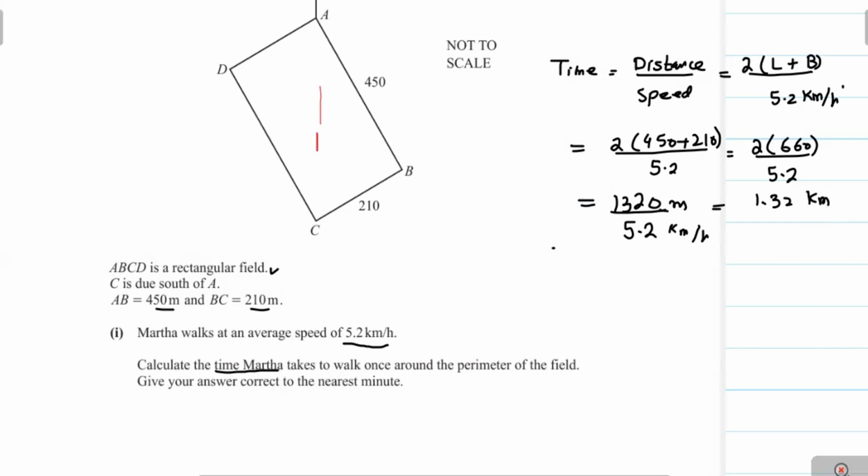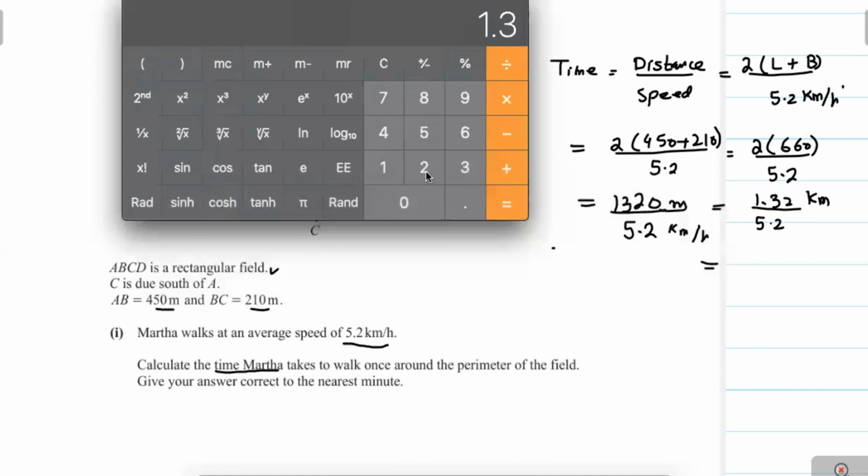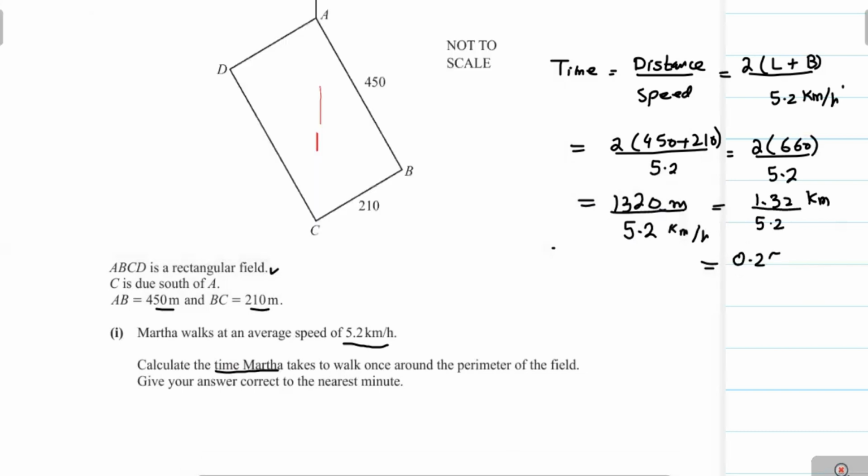We convert meter into kilometer, divided by 5.2. 1.32 divided by 5.2, and this will be equal to 0.25 hours is the time, and we convert into minutes. 0.25 multiplied by 60, and this will be equal to 15 minutes is the time, and nearest minute, 15 minutes is the answer.